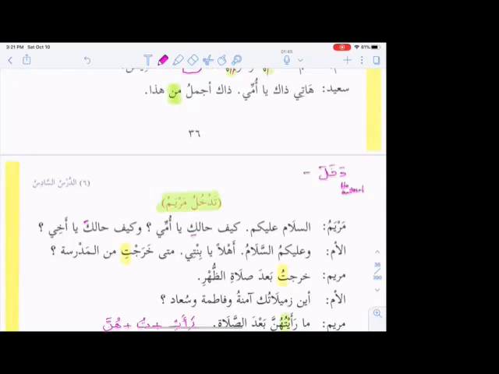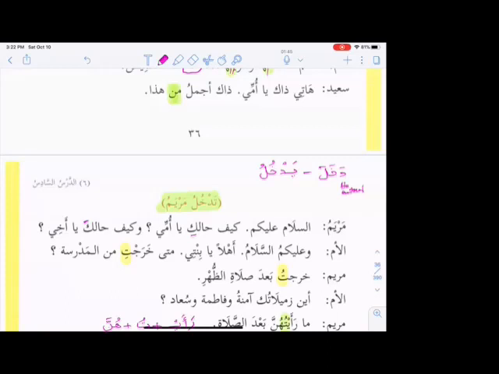And then make it into Mudaria, Yadkhulu. This is Bab Nasara. Nasara Yansuru. Yadkhulu. Okay, fine. So Yadkhulu. Now I ask you, 5 in your pocket. Which are those in your pocket?